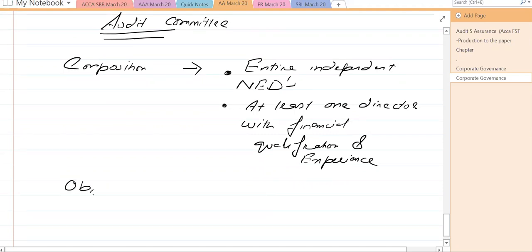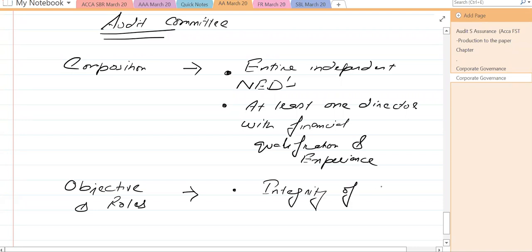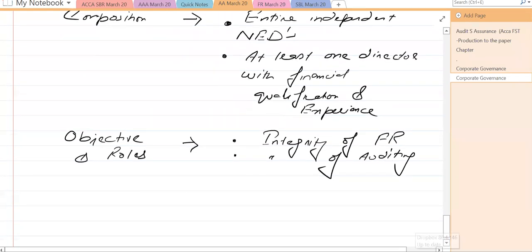Now the objectives and roles. The objectives are to ensure integrity of financial reporting and integrity of auditing. The audit committee ensures that the financial information produced by the system has integrity and is reliable.